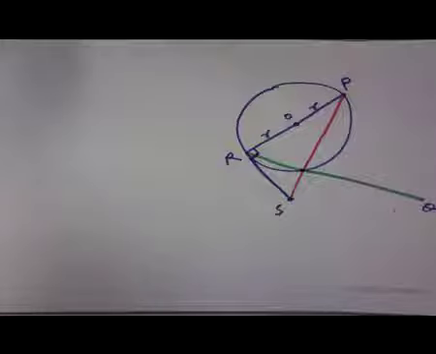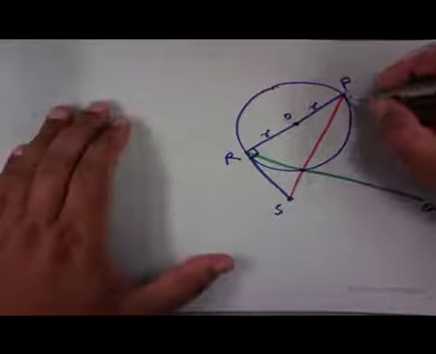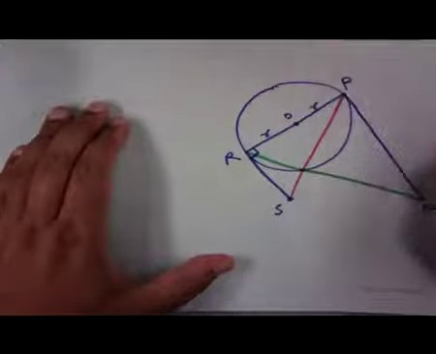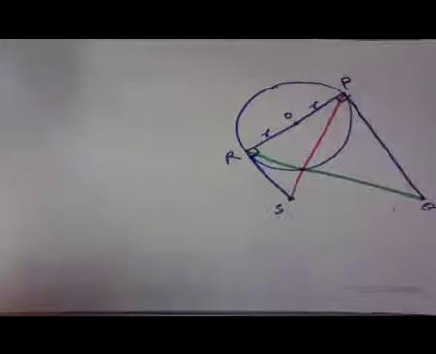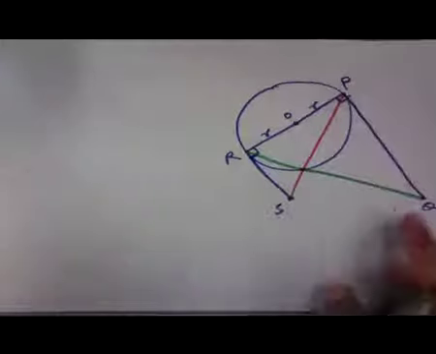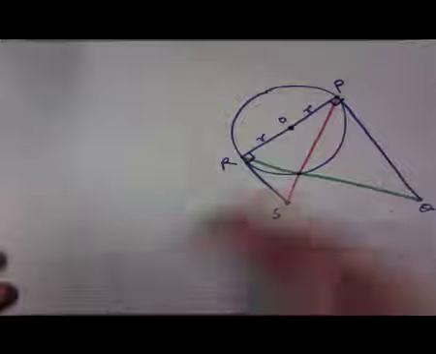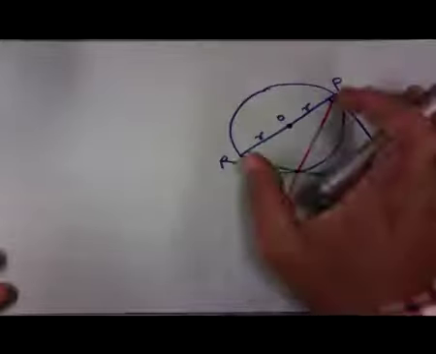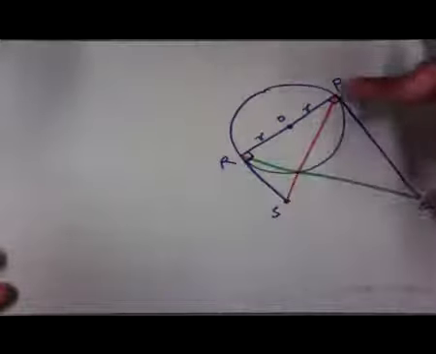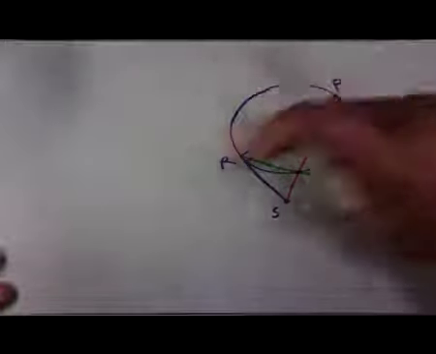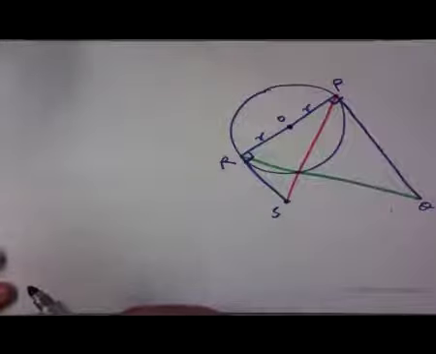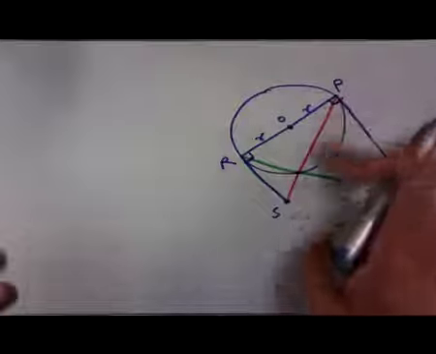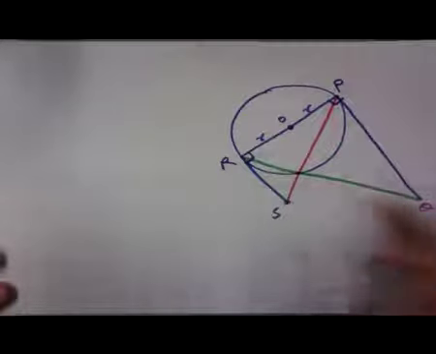Because that is what the question is asking: how should we choose these two points Q and S? We are asked to find the expression of the diameter in terms of these lengths PQ and RS, such that these two straight lines intersect.